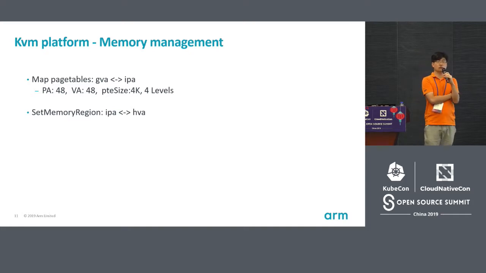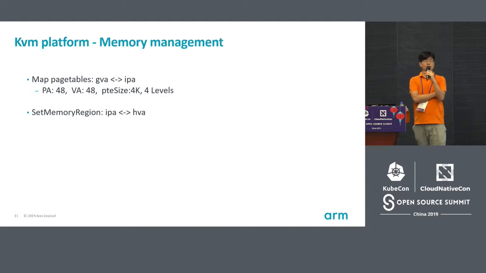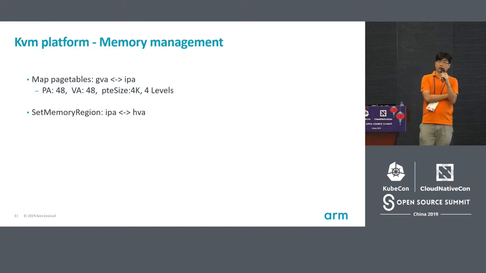For x86, the page table should be 46 or 47 bits, and it's also using superpages, so you can have 1 gigabyte or 2 megabytes for management of page tables. So it's different from ARM.